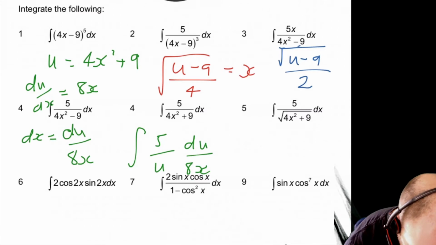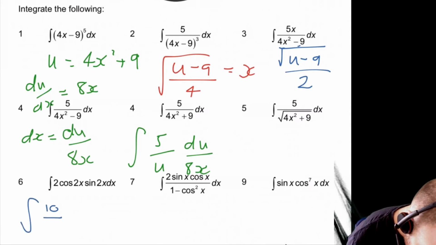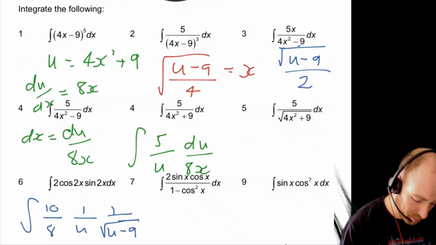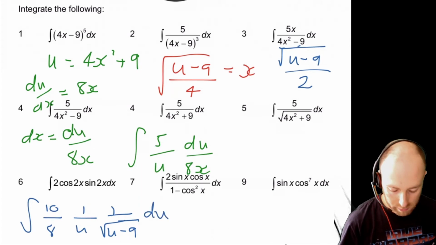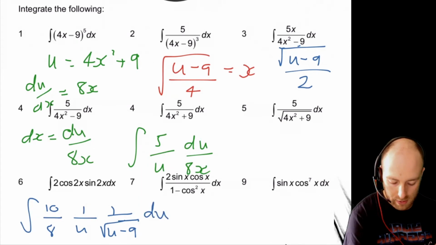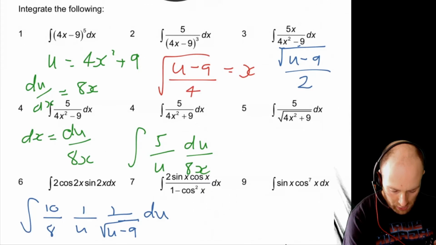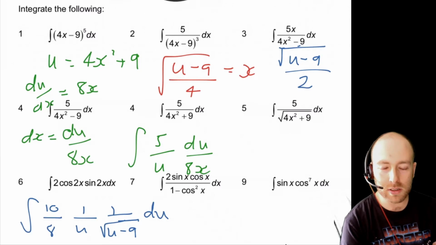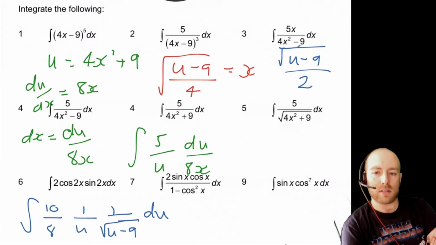So this is all going to turn into the integral of 10 over 8, 1 over u, 1 over root(u - 9) du. Yeah, this is a tricky question. Is there anything else I can do for this instead?